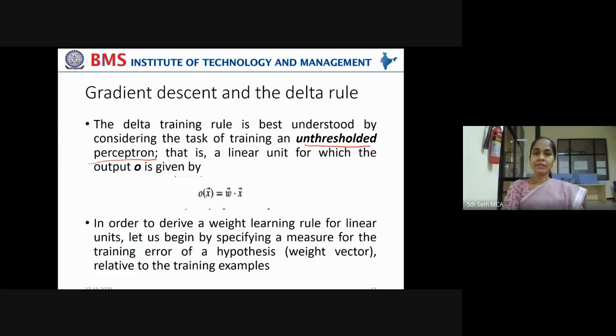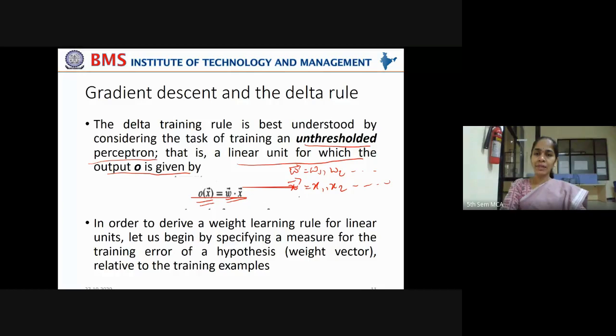That is a linear unit for which the output O is given by, how is it given? Output O is nothing but the dot product of the weight vector and the input vector. What are the weights you have? W1, W2 and so on. What are the input elements you have? X1, X2 and so on.